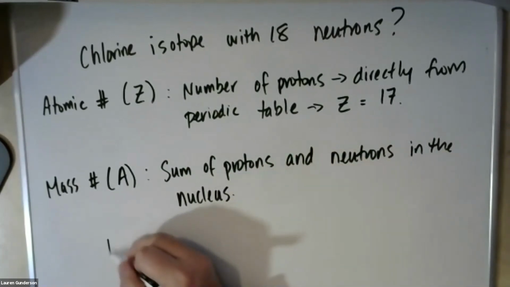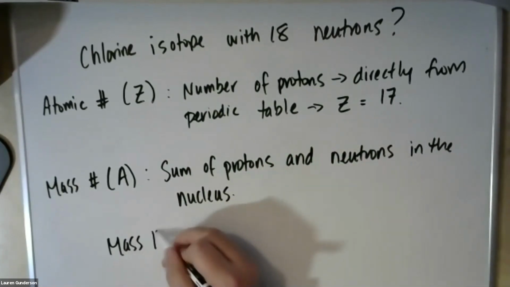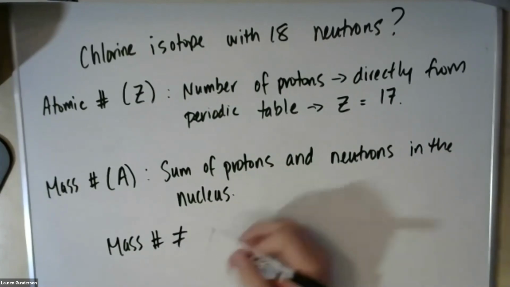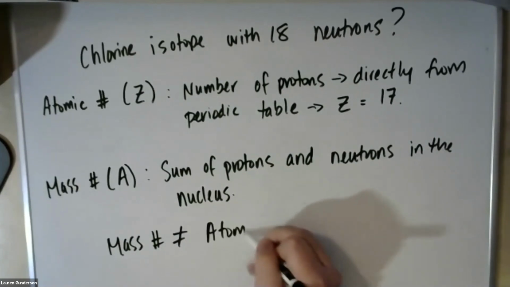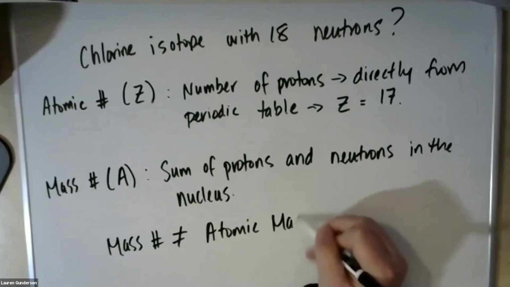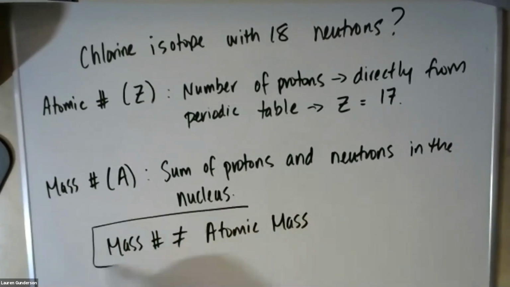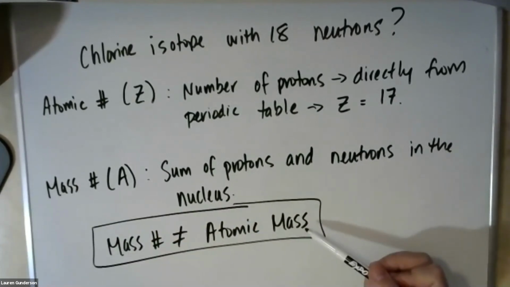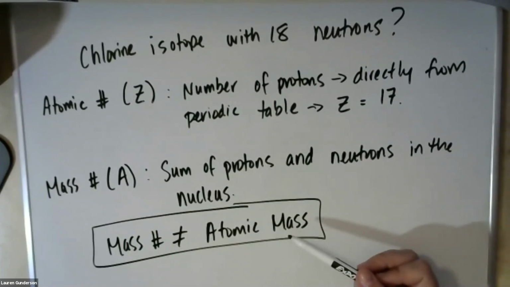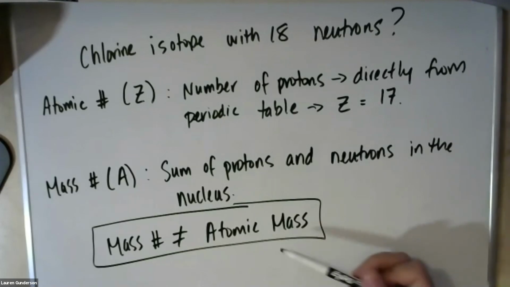Okay, and the mass number is not the same thing as the atomic mass. They're very similar values, but they are not the same thing. The atomic mass is going to be the mass value, the average mass value, taking into account the natural abundance of all the different isotopes of your elements.